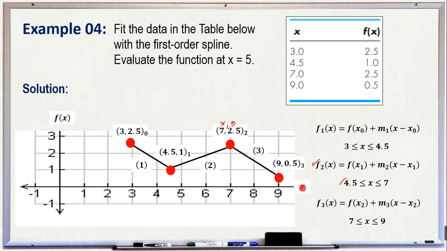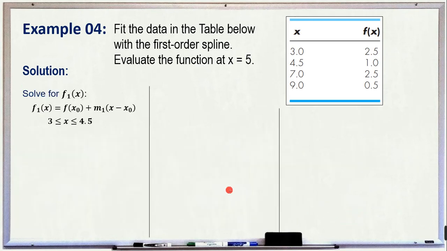And then for the last line, this will be the format of its function, and this is its domain.